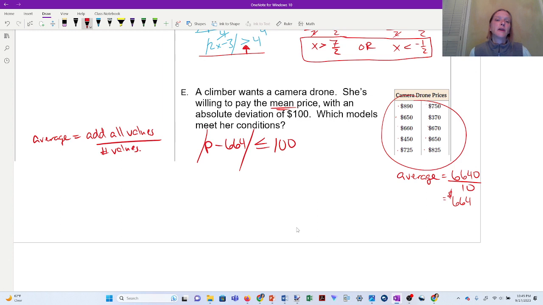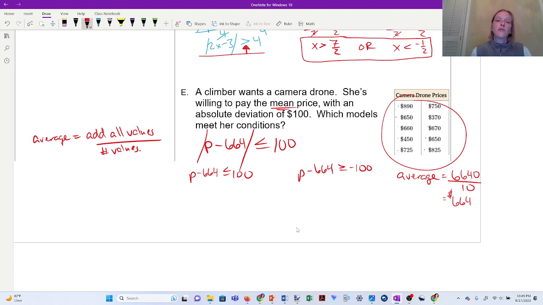Because my absolute value expression is less than or equal to $100, I'm going to set this up as an AND statement. I'm going to have P minus 664 is less than or equal to 100, and P minus 664 is greater than or equal to negative 100.